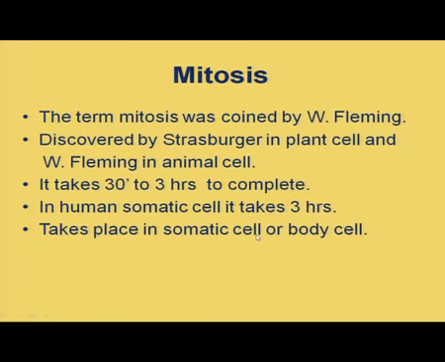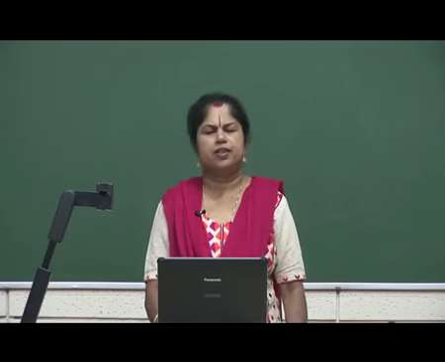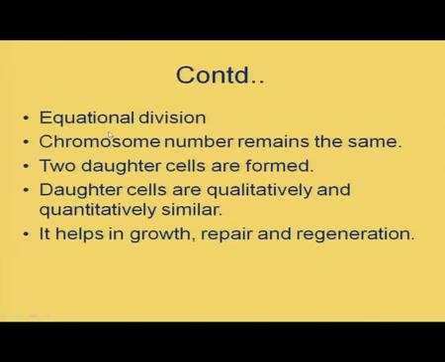It takes place in somatic cell or body cell. So, the cell division that takes place in the somatic cell or the body cell is known as mitosis. It is known as equational division. Why is it known as equational division? Because after the cell division, we will get 2 daughter cells, and these 2 daughter cells remain qualitatively as well as quantitatively the same.